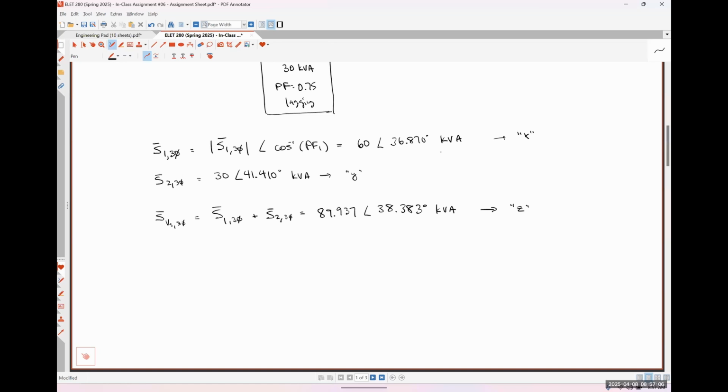Cosine of that 38.383 degrees angle. Yep, 100%. So the power factor at which our voltage source operates is going to be the cosine of 38.383 degrees.